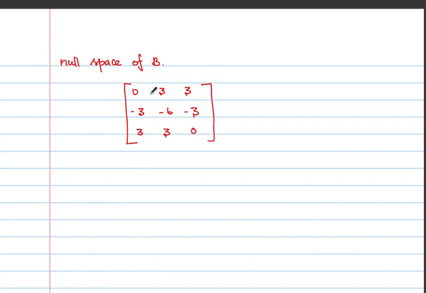I want to choose the first entry as the pivot position, but the pivot position must be non-zero, and accidentally the first pivot position is 0. So I want to do an elementary row operation.